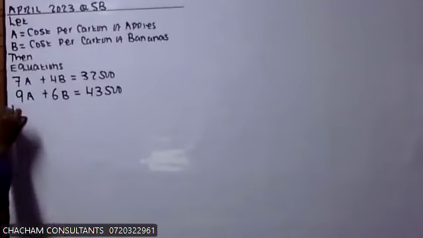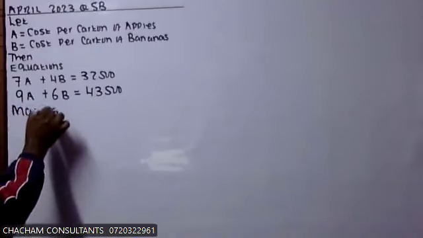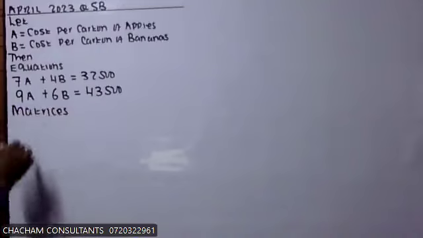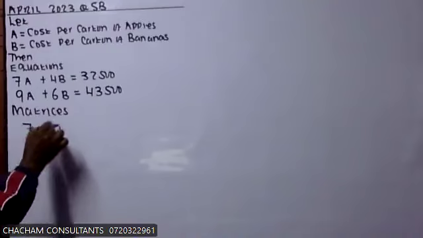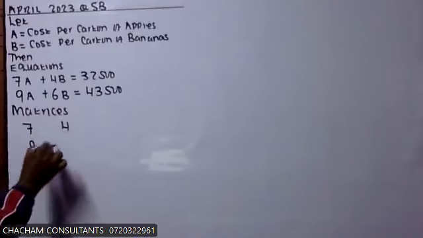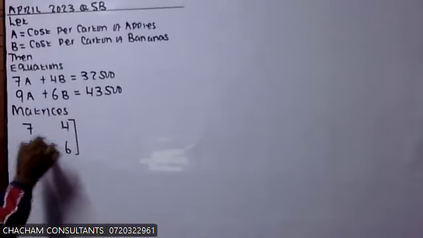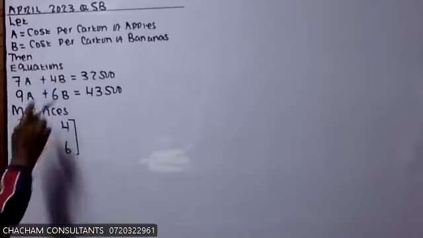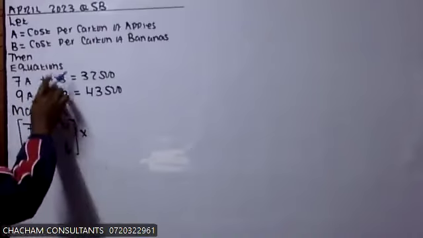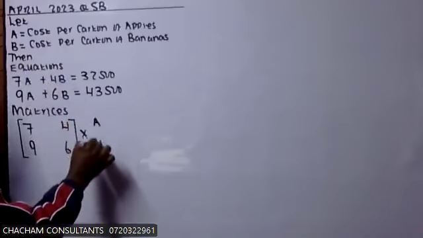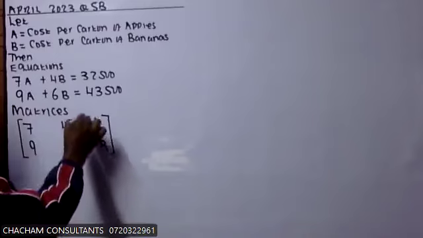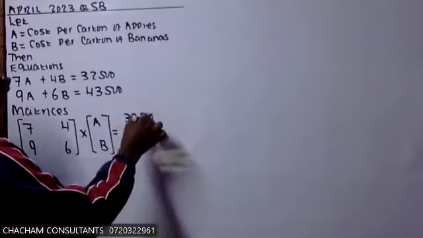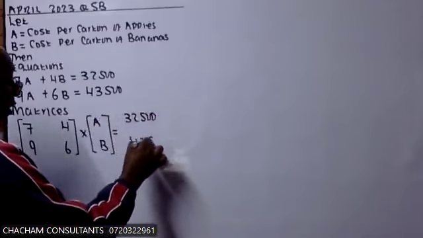Then you create the matrices. So the matrices will be 7, 4, 9, 6. I told you you pick these coefficients. Then you take these unknowns, the algebras, A, B, to be equal to that 2,500, 43,500.